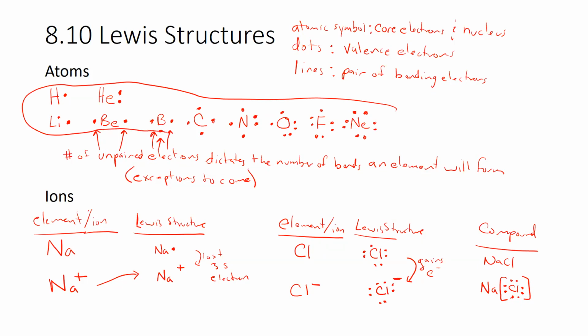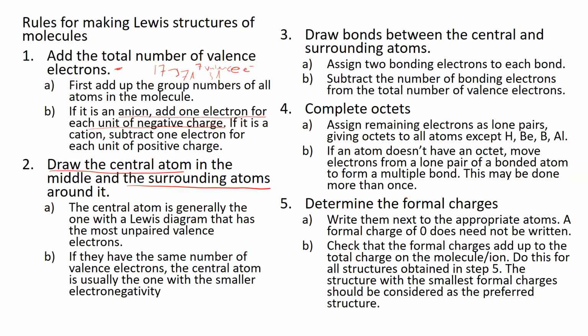The more unpaired electrons that atom has, the more bonds it can make, and that's why it would want to be the one in the center, so it can form more bonds to those surrounding atoms. Once you've identified it, you'll put the central atom in the middle and the surrounding atoms outside. Okay? If the atoms have the same number of valence electrons, the central atom is usually the one with a smaller electronegativity. So you'll use the electronegativity table in doing this as well.